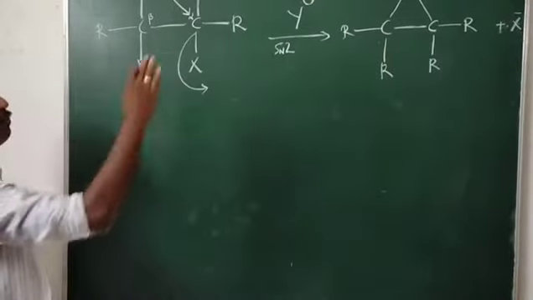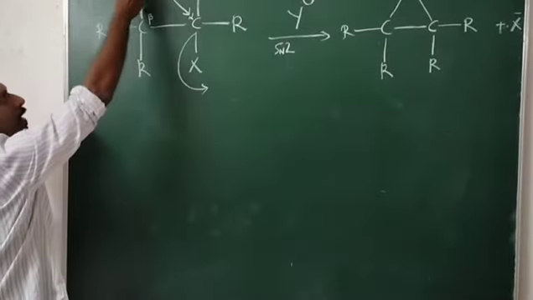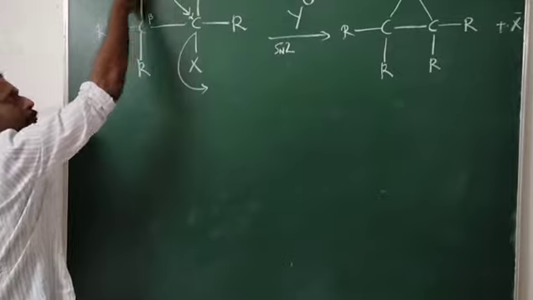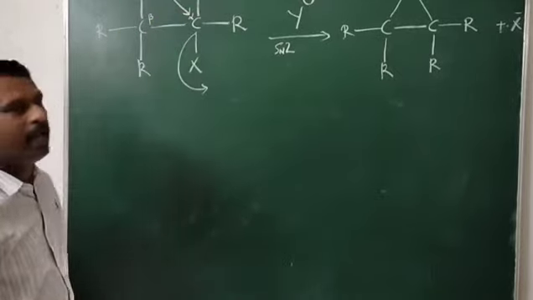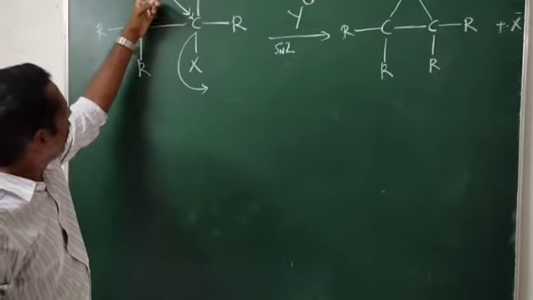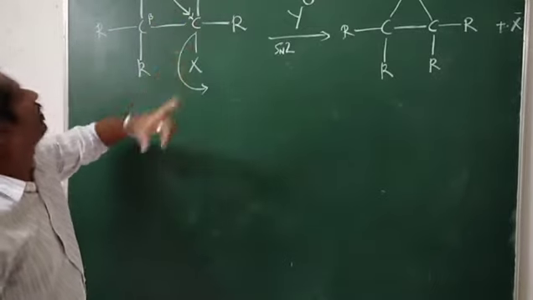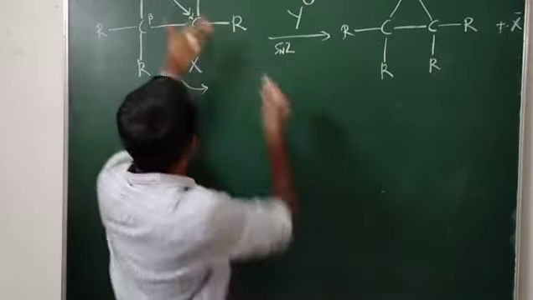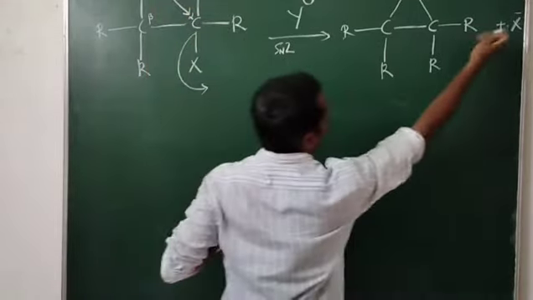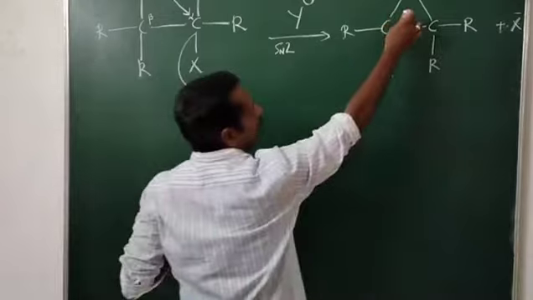Now, this is the first step. The group with the unshared pair of electrons is acting as a nucleophile, and this internal SN2 attack results in the inversion of configuration. This R is coming down, inversion of configuration, and we get a structure like this.